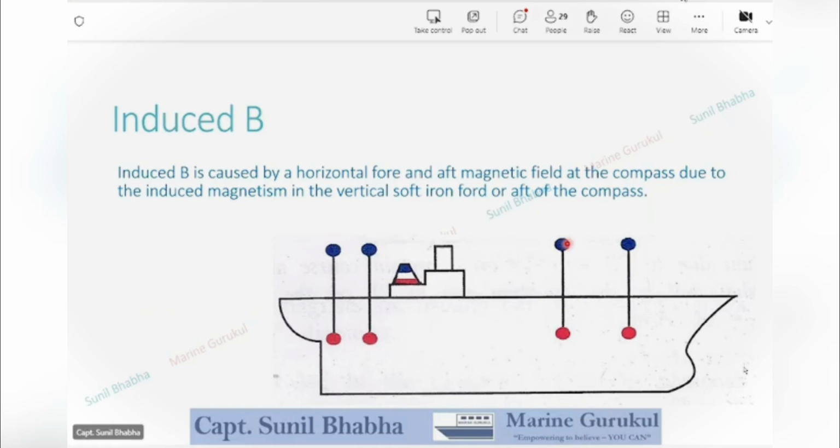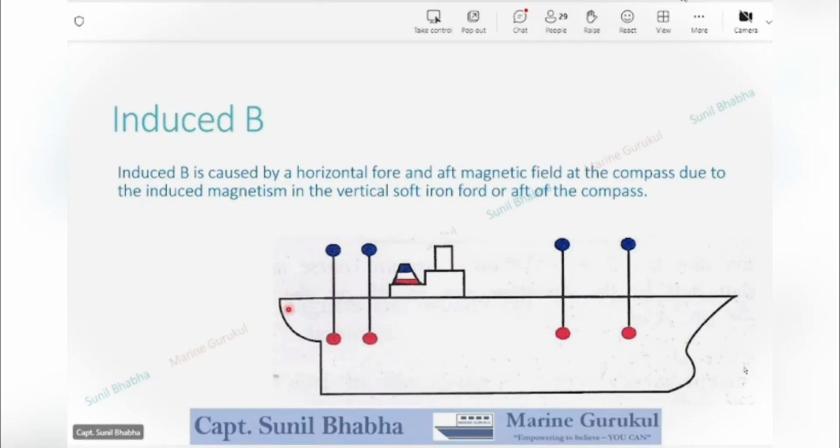The vertical soft iron which we have on a ship could be the forward mast, it could be a crane, it could be the funnel, or it could be an aft mast or a crane aft of the compass location. Now all these vertical structures will be induced by the magnetic field of the earth, by the vertical component, Z component of the earth.